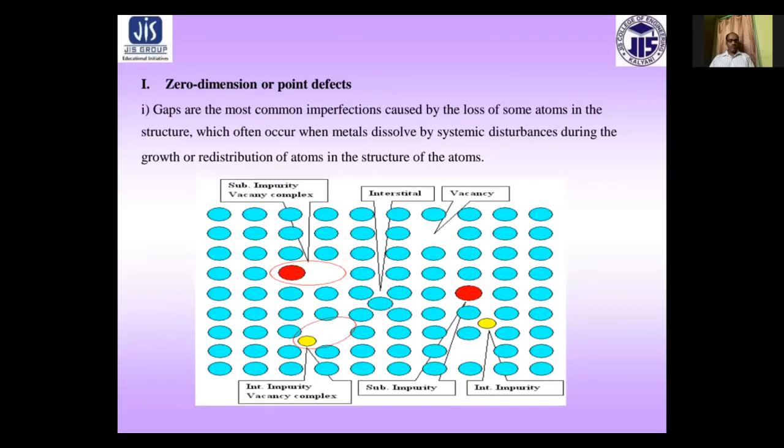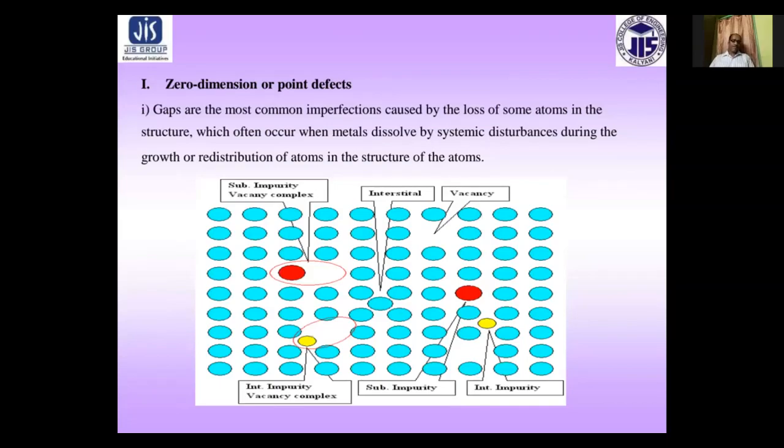And if an atom is missing from its regular site, the defect produced is called a vacancy, as shown in this figure. That is, in this case, in a regular site the atom is missing and it has moved to another location, as shown. That gives a vacancy at one place and an interstitial in another place.